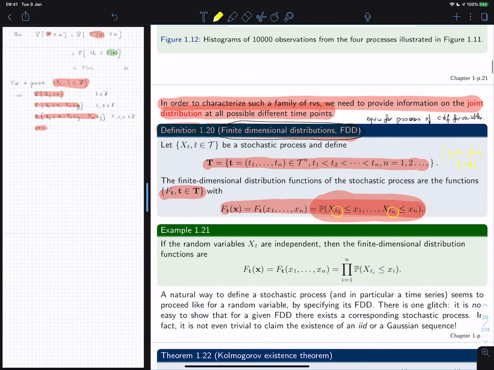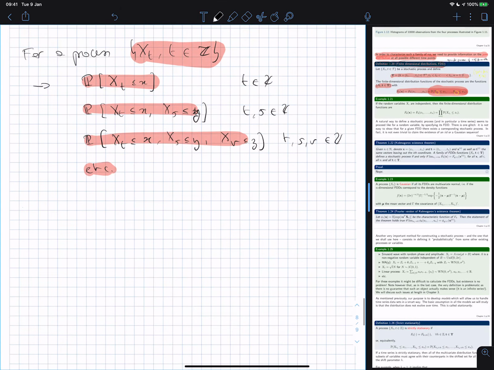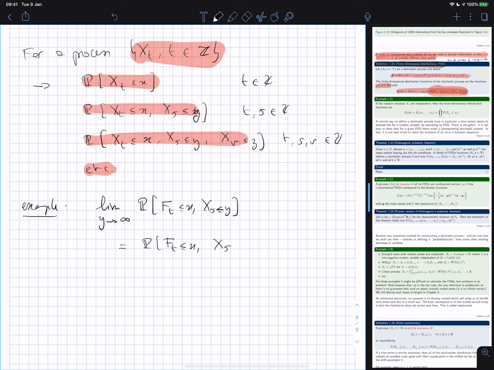For example, if I let y go to infinity in this guy, what do I get? Well, I get the probability that xt is less than x and that xs is less than infinity. Well, this of course is an event which is certain, so this is just this probability here. Sorry, it's not an f, it's an x.